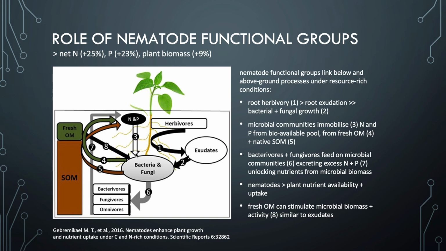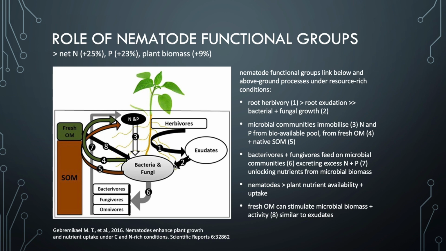So it stimulates microbial growth as a result of this exudation from the plant that is stimulated by root-feeding nematodes. Then the bacteria and fungi accumulate nitrogen and phosphorus and other minerals from the soil organic matter and the fresh organic matter that is being decomposed by them, as well as from the bioavailable pool that is present in the soil matrix.